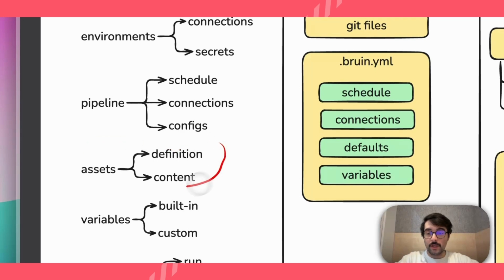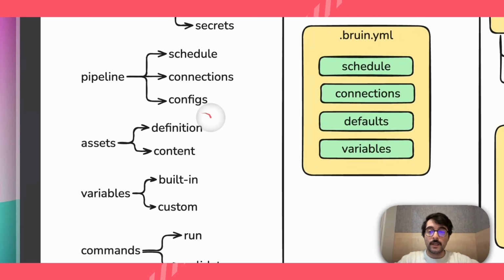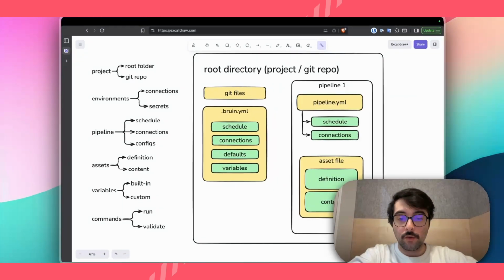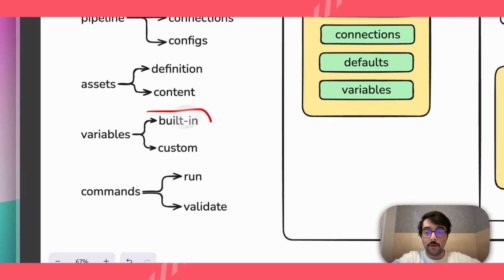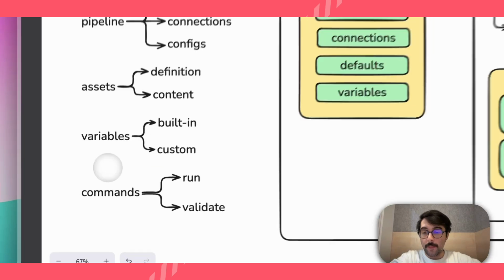Within your pipelines, you have a set of assets, and inside each asset, you determine what it does, what type of asset it is, the metadata of the asset, and then you provide some content. Whether it's a SQL query or a Python script, you define the actual code that you want to execute. And you have some variables, whether they are built in or custom, that you can define and pass into your project.